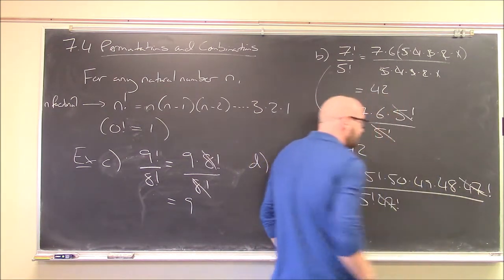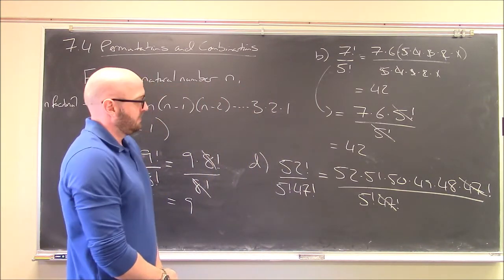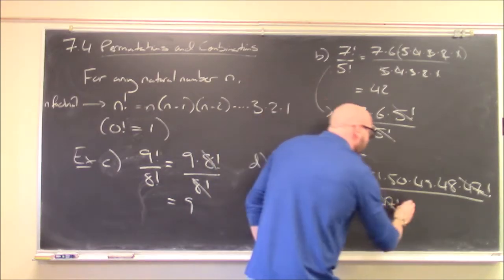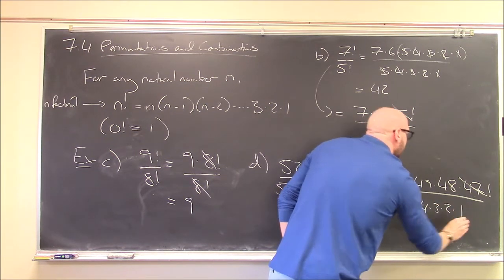The 47 factorials cancel. And let's expand this. Instead of writing 5 factorial, let me write that as 5 times 4 times 3 times 2 times 1.